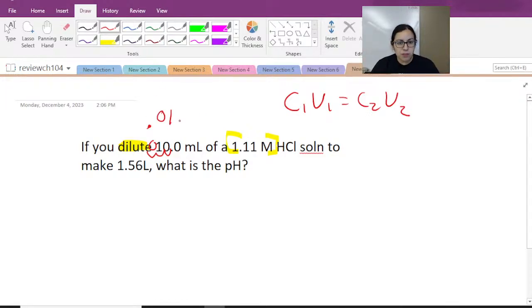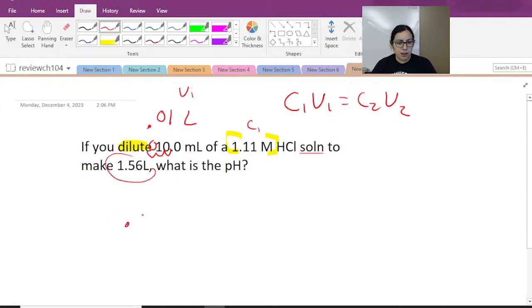So now we have 0.01 liters, and this is our initial volume. This is our C1. We're going to find our new concentration with our new volume.